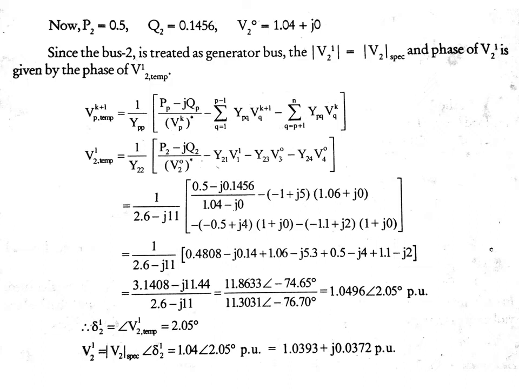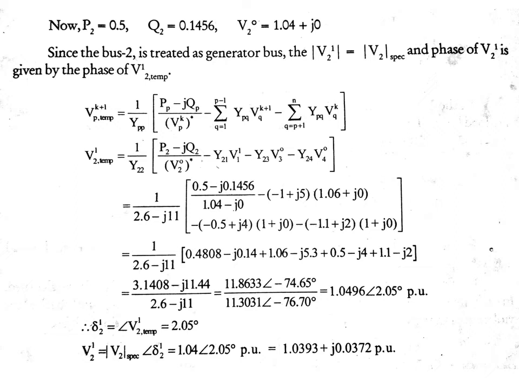Now we have to find the angle of voltage of the second bus. So we will put some temporary value with magnitude as the magnitude specified, that is 1.04, and we will calculate the value of angle delta 2 of 1.